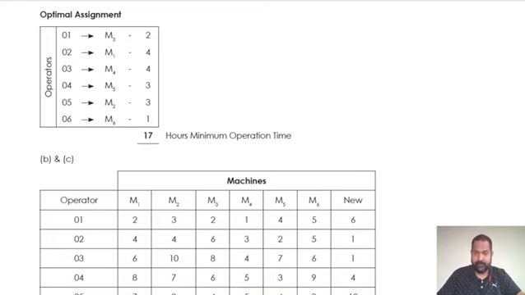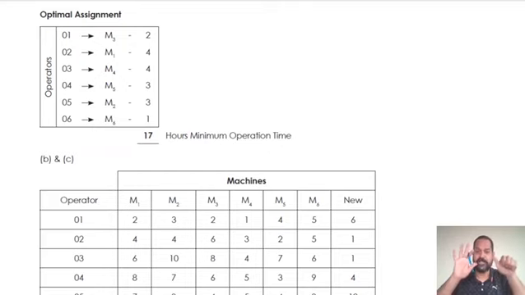Now they are saying reset the problem with a new machine, which means you want me to remove one of the old machines and put this machine in. The question is, which machine should I remove? Well, the answer is none, because you don't know this new machine is better than which machine. That is why you will not remove any machine. You will add a new machine.